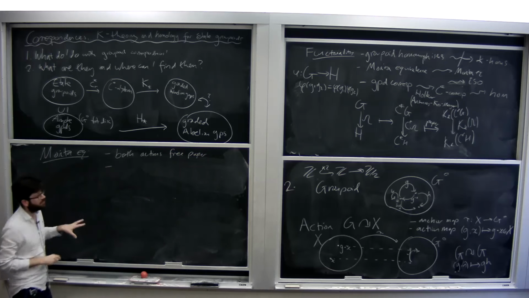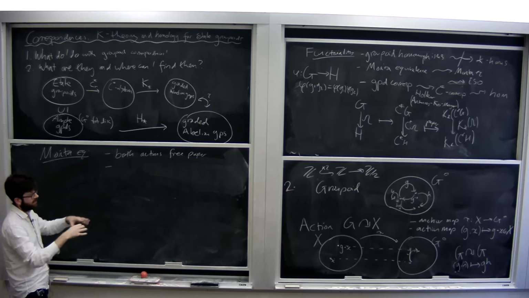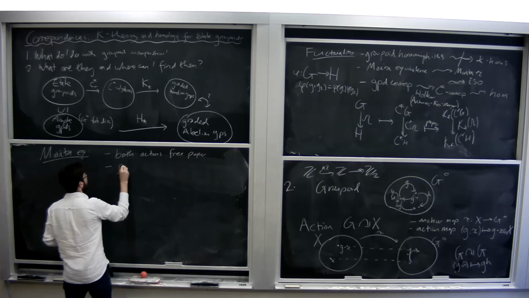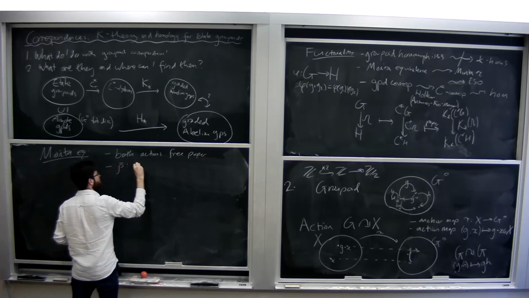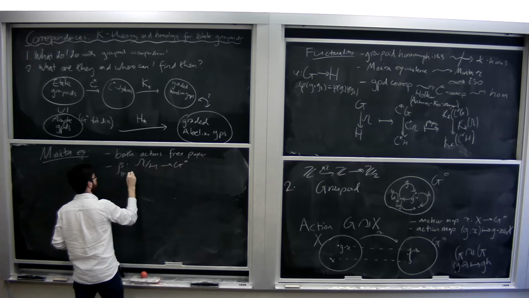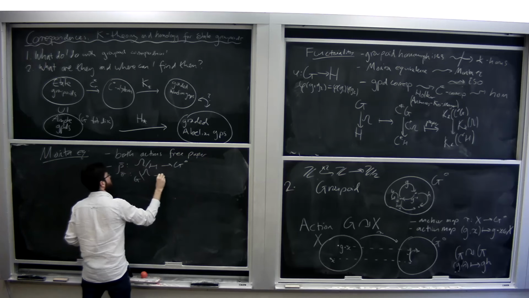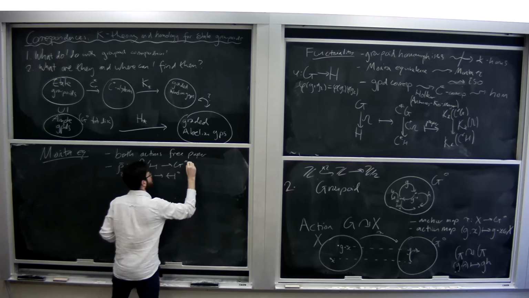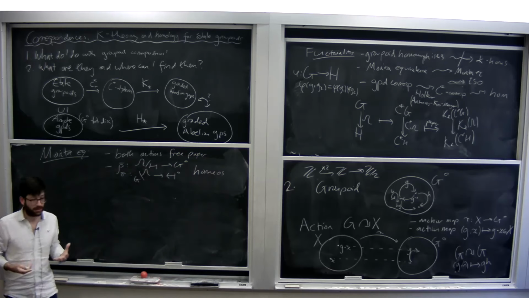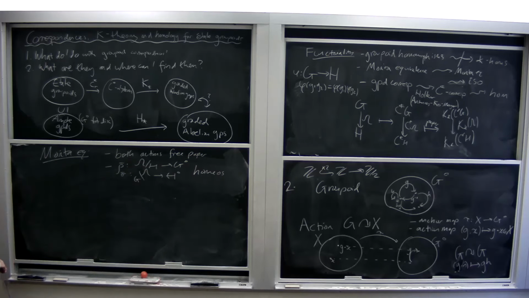And we ask for more than just properness. We ask that this map here, which goes from one orbit space to the unit space, and dually this map here, have to be homeomorphisms. This is one way to define groupoid equivalences.